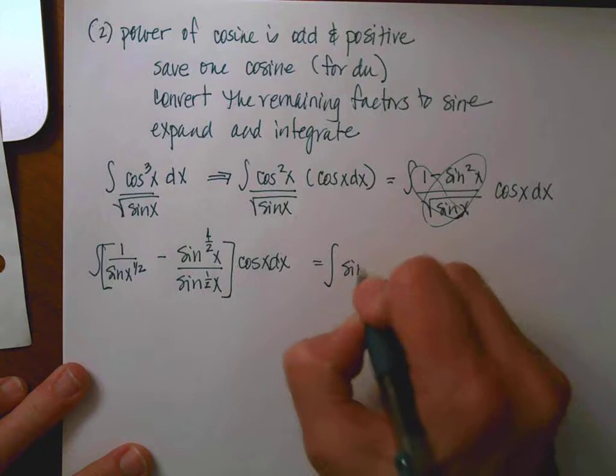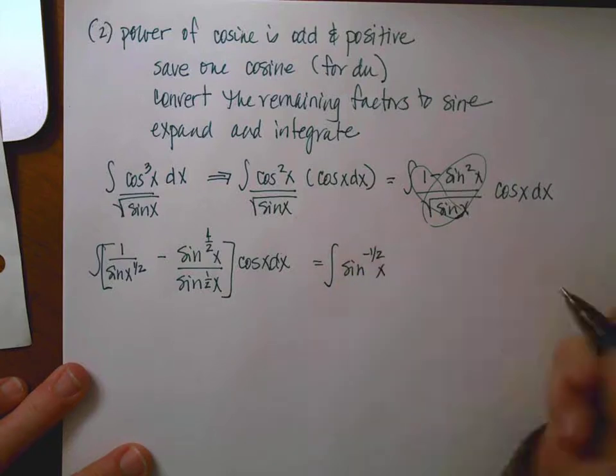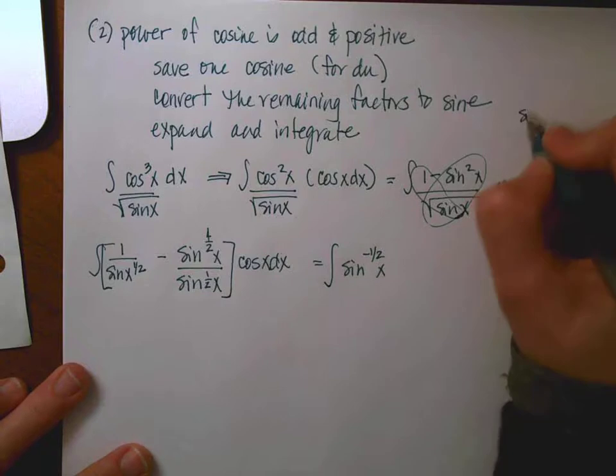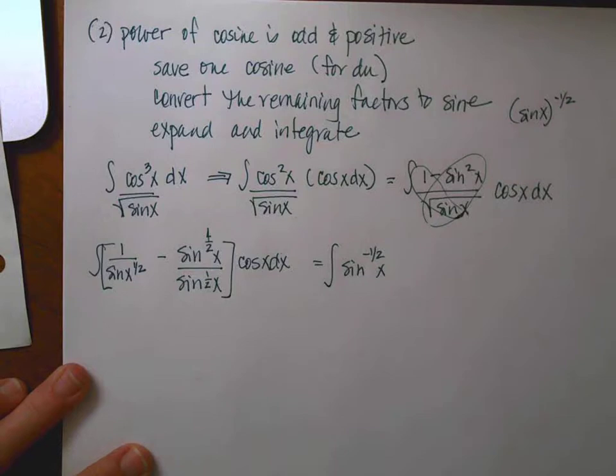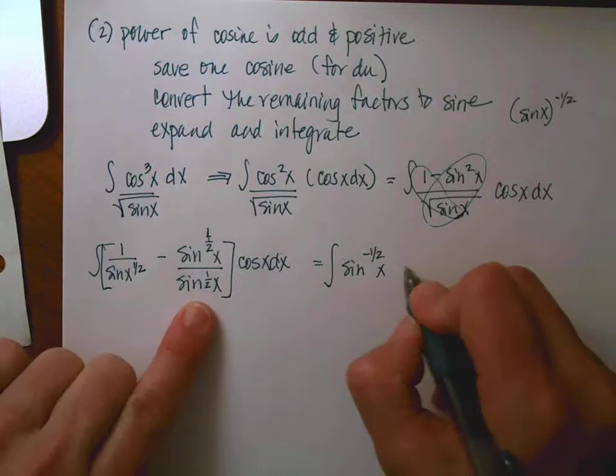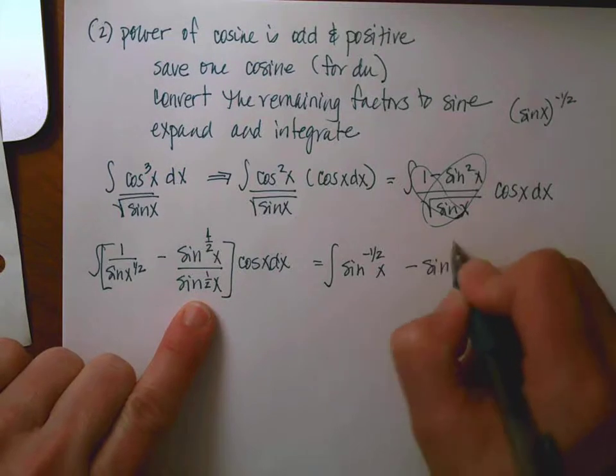I'm going to manage all of my exponents, so this is the integral of the sine to the negative 1/2 of x. And remember, I could write it as the sine of x to the negative 1/2. Either way is appropriate. And then I have 4/2 minus 1/2.